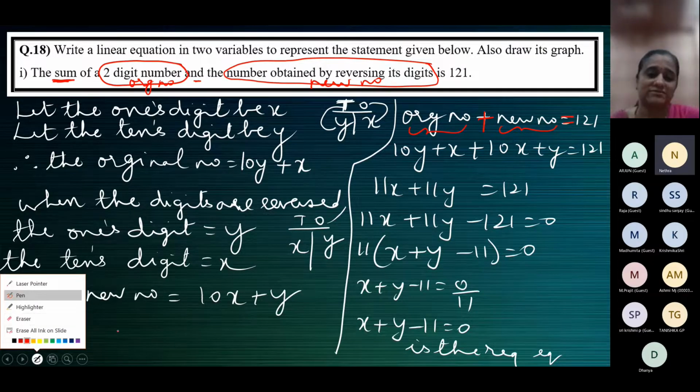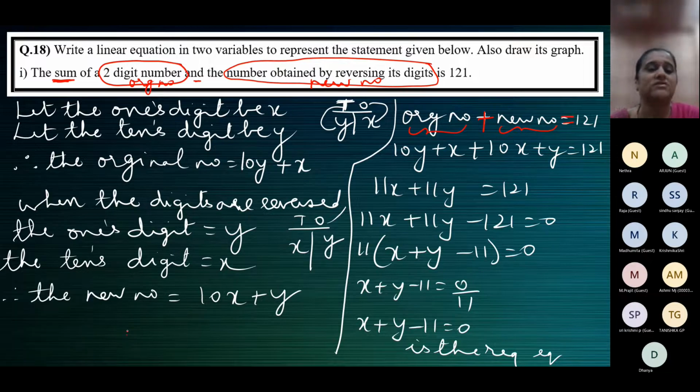Yes, ma'am. So since you were not able to decode that information, you couldn't construct the equation, is it? Otherwise, you understand all these assumptions, x, y, 10y plus x and all that? Yes, ma'am. Good.